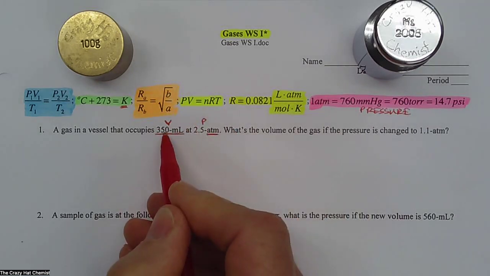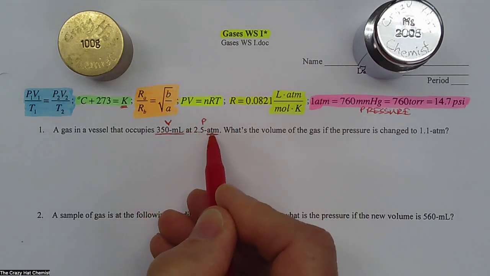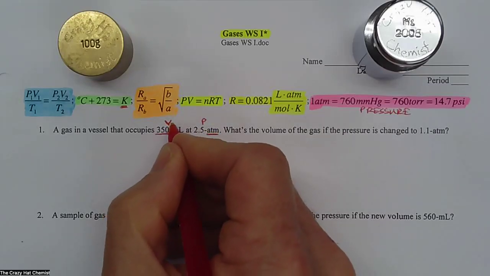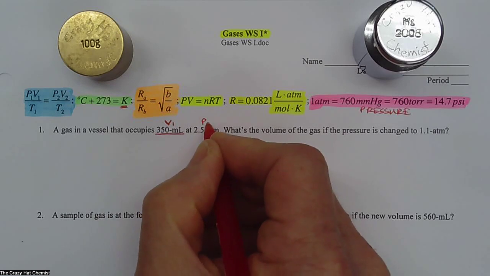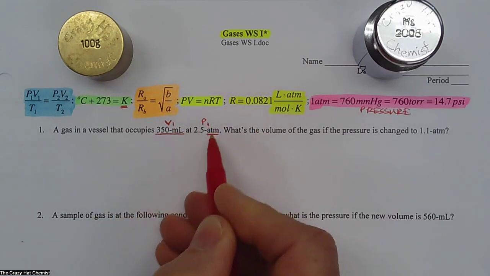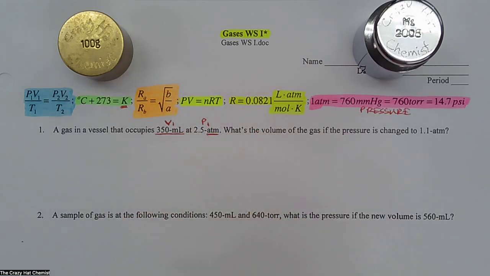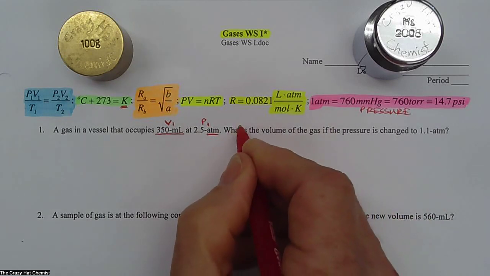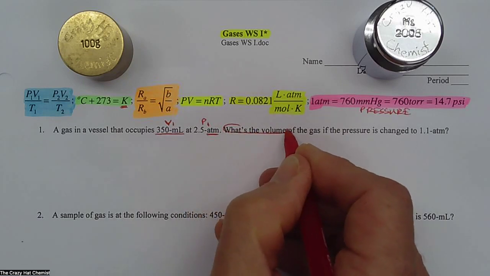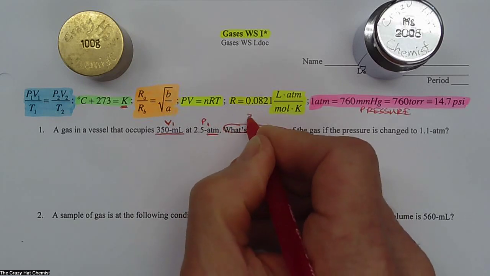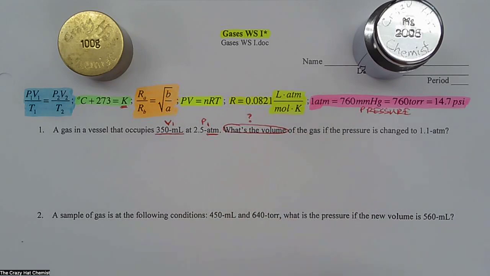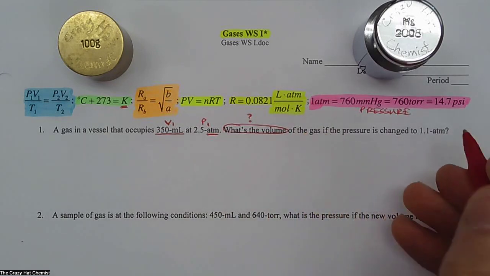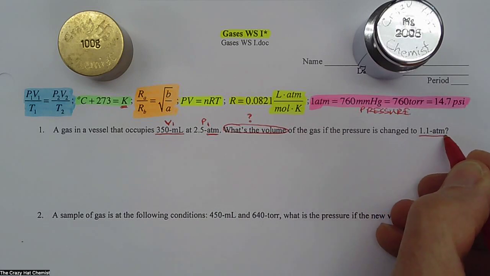Now you see that it's 350 mL at 2.5 ATM. That means these two things go together, and I'm going to call them volume 1 and pressure 1, since they are the first volume and pressure I'm seeing in this problem. Then it says, what is the volume? That's really my question, so I'm going to put a question mark there, of the gas if the pressure is changed to 1.1 atmospheres.